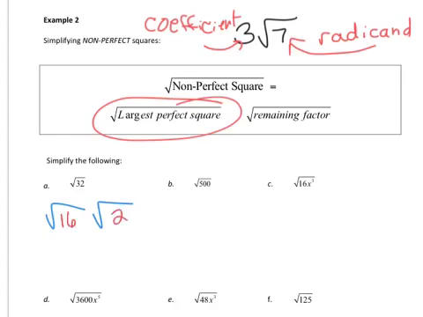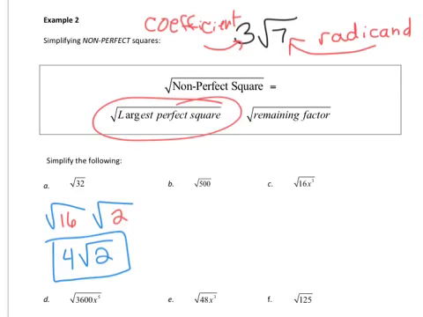So when you think of factors, you think of what number can divide into that. Not the largest perfect square that's less than 32, but it has to be a factor of 32. And then we take the square root of the perfect square and leave the radical as it is. So my final answer is 4 radical 2. Now even though 4 is a perfect square, it's not under the radical sign anymore, so it just stays 4 radical 2.